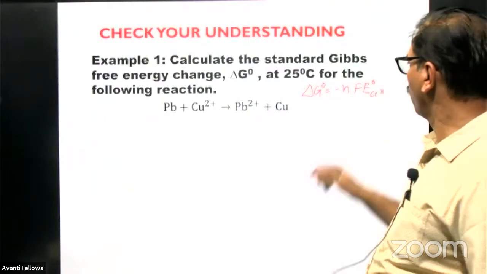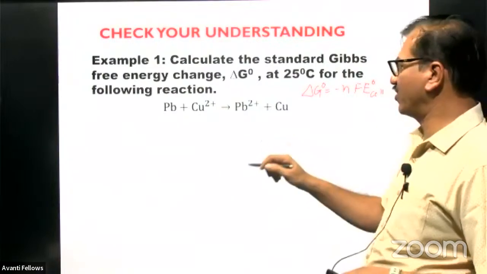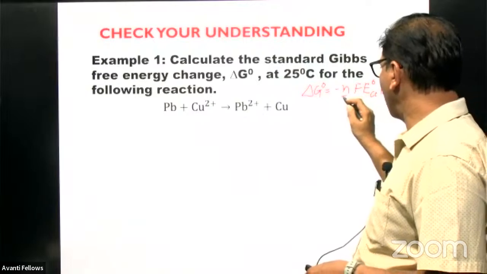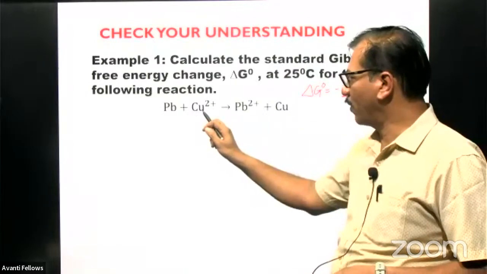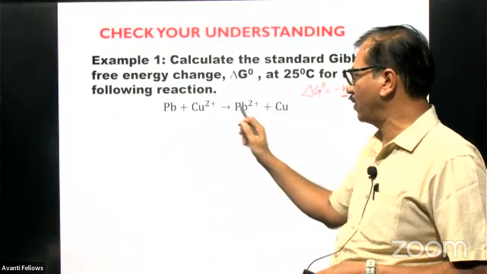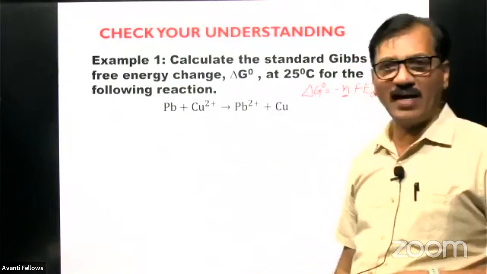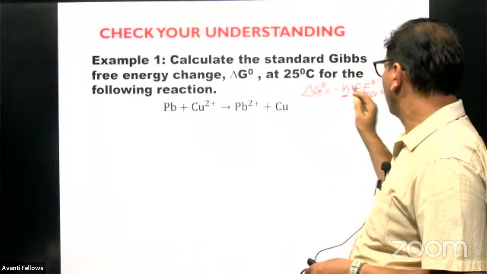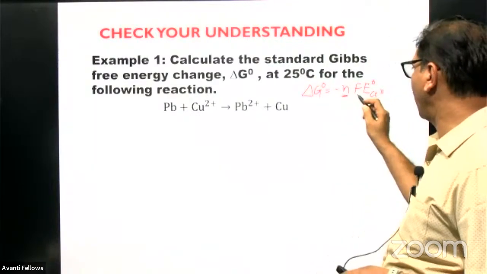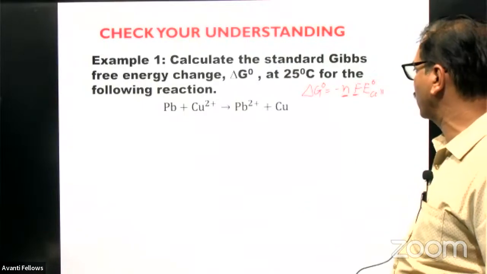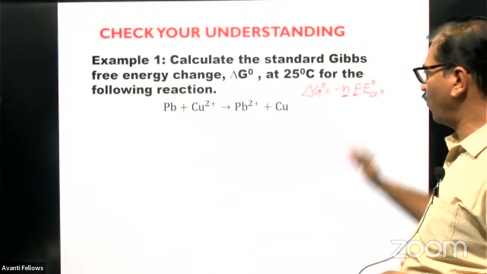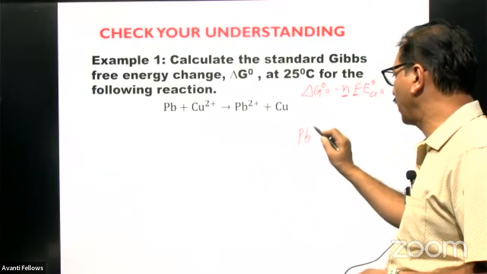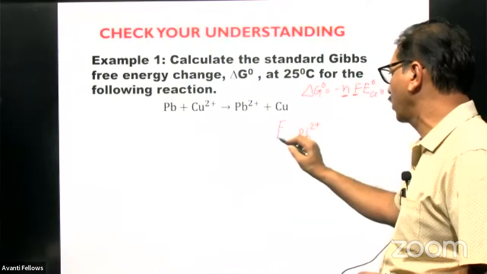Okay, so we must know what the other requisites are. We know n because copper 2 plus gains 2 electrons and lead gives 2 electrons. So n value is 2. And 25 degrees Celsius has nothing to do with 96,500; F value is 96,500.